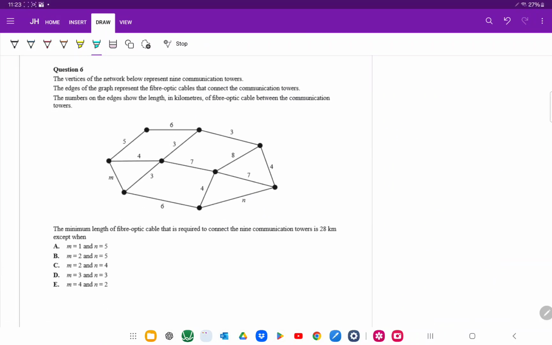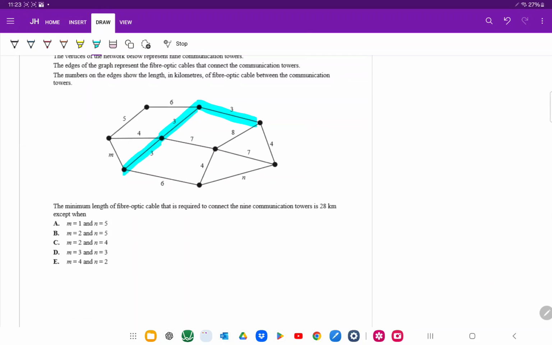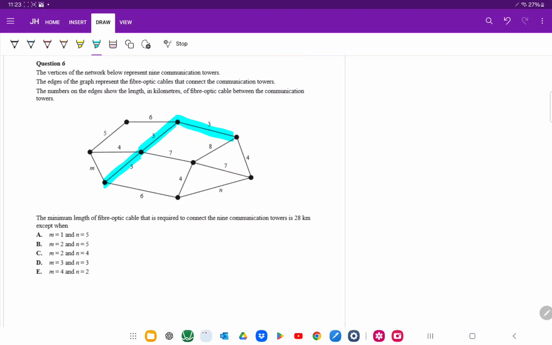Looking at this question, it's asking us to find the minimum spanning tree, in short. And if we investigate this, these values here will definitely be part of any investigation that we're going to do. Our whole point of this is to make sure all nodes are connected.